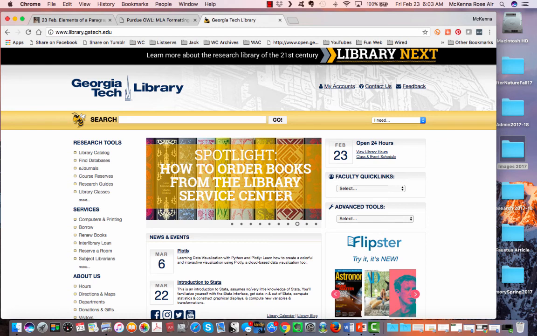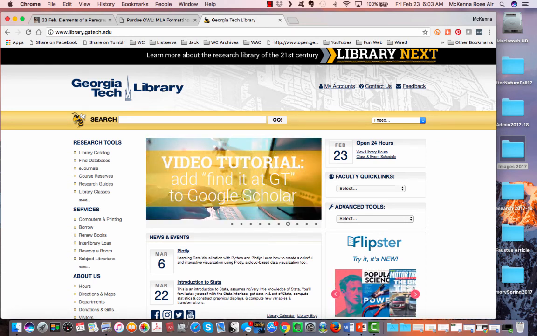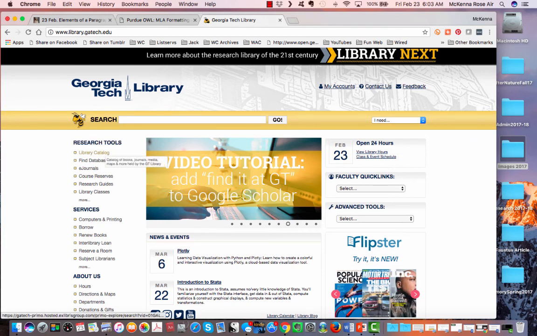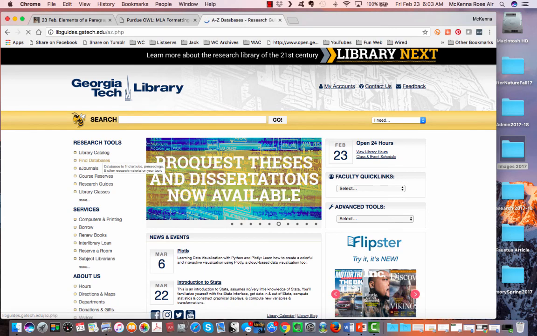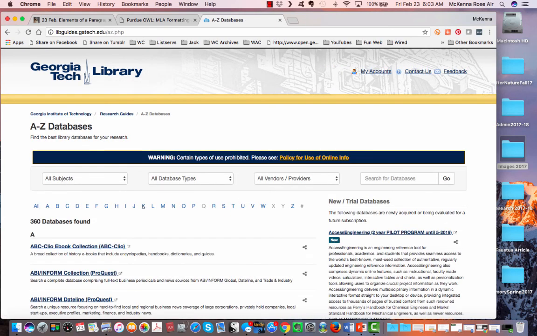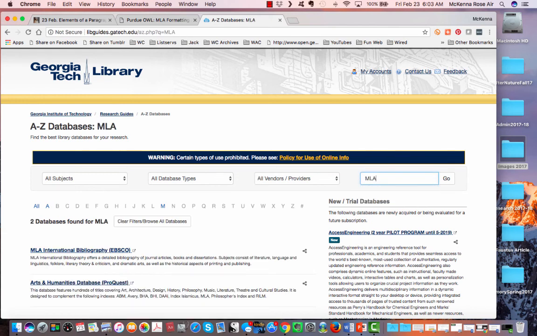So again, to find articles that other literary theorists have written about The Drowned World, you start out on the Georgia Tech Library homepage. You go to Find Databases. Once you're here in the Find Databases page, you search for databases. You guys are going to want to go to the MLA, the Modern Language Association.